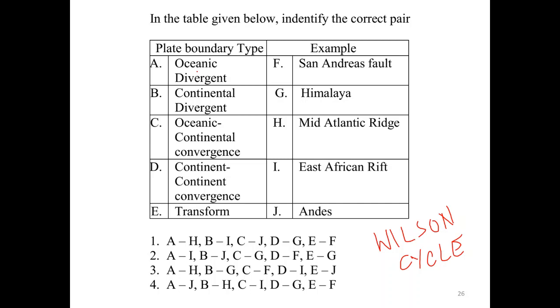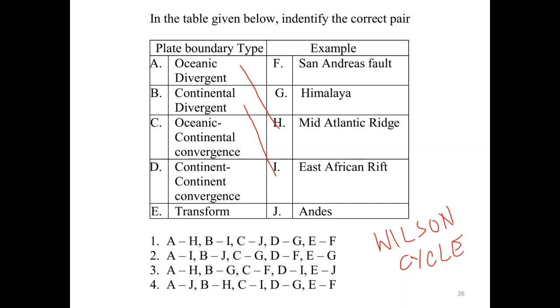So let us look at this. Oceanic divergence, we have the mid-Atlantic ridge. We all know that, correct? Continental divergence, East African rift valleys. These are opening up. They are now currently in their embryonic stage.